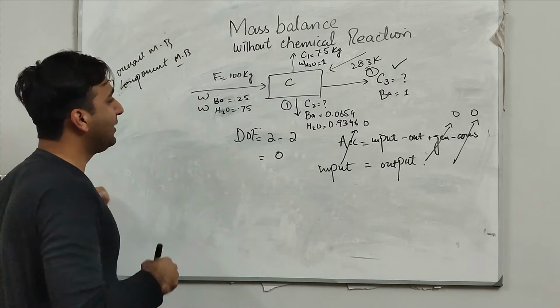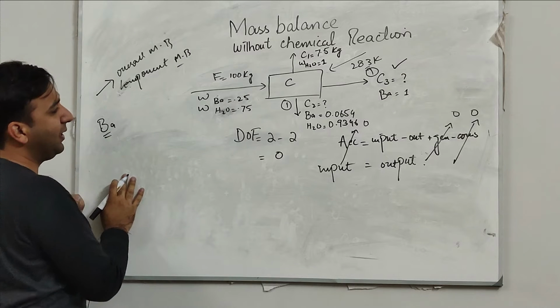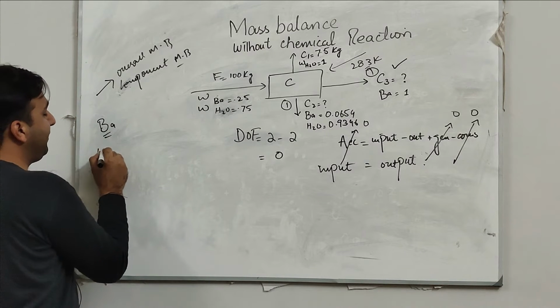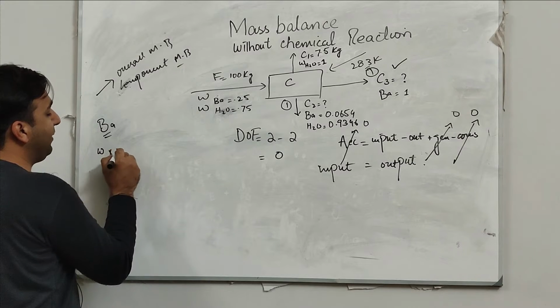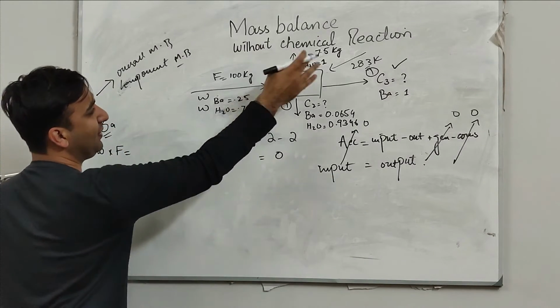We will apply the first component mass balance for barium nitrate. So the barium nitrate component mass balance will be weight fraction of barium nitrate multiplied by its feed stream, and this is the only input. So output, we are having 3 outputs.